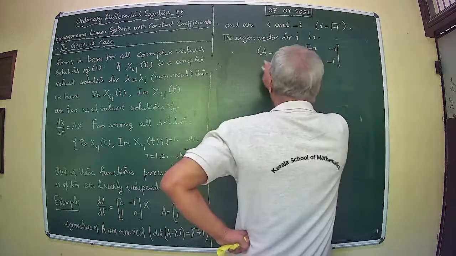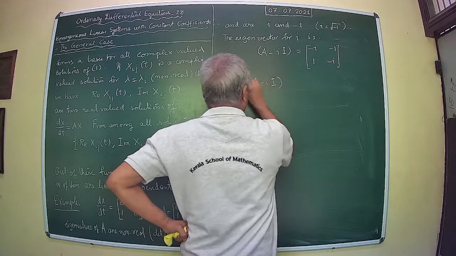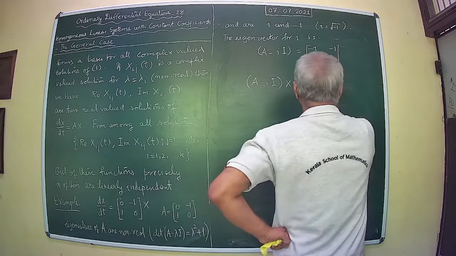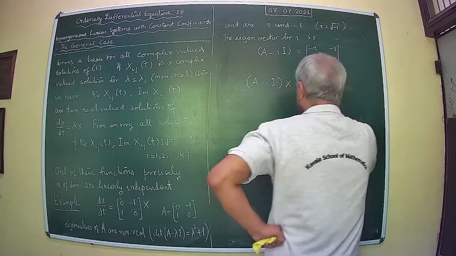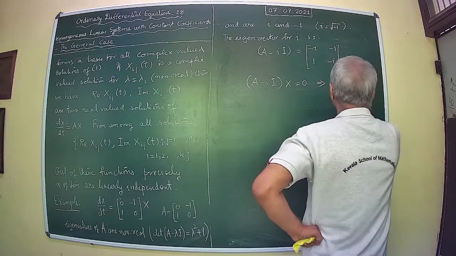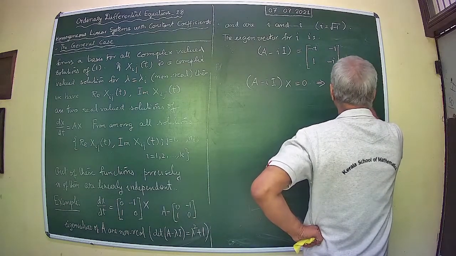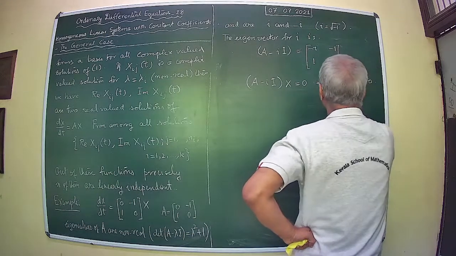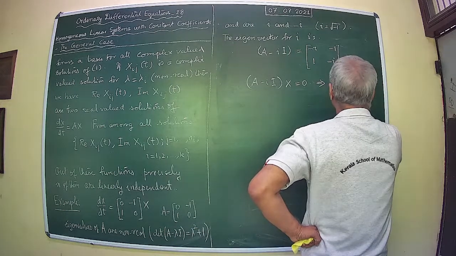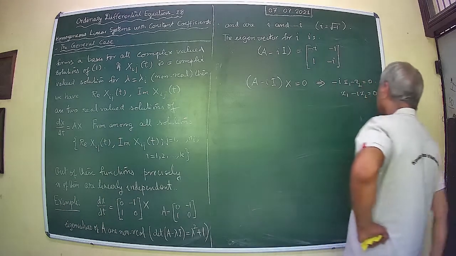So we have to choose A minus I of x equal to 0, which will give you two equations, which implies minus I equal to 0.